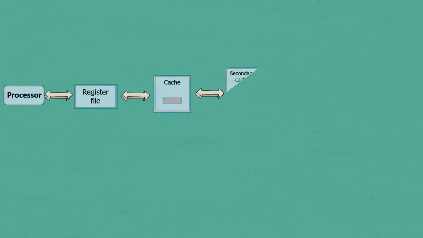So the processor is the fastest, but it can't work on its own. It needs to access instructions and data, which are held inside a register file. But the register file is very small in storage size, often in the range of several kilobytes. So it can't store all the instructions and data needed to be executed. So the register file needs to access a little bit larger storage called primary cache, L1, which can store more information but is a bit slower than the registers.